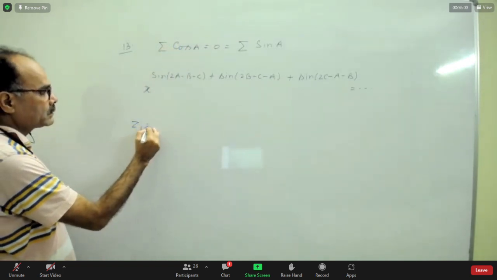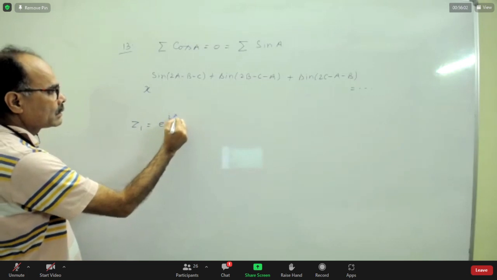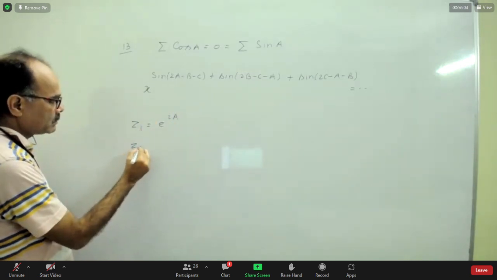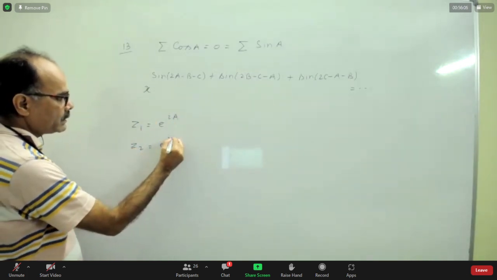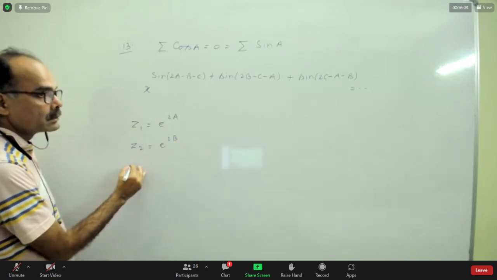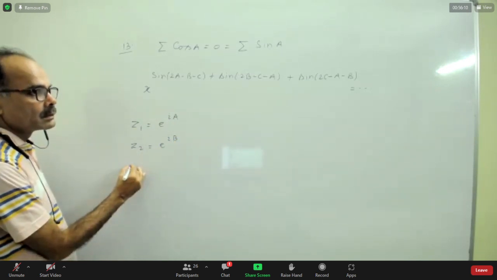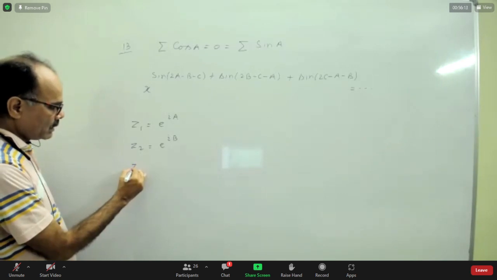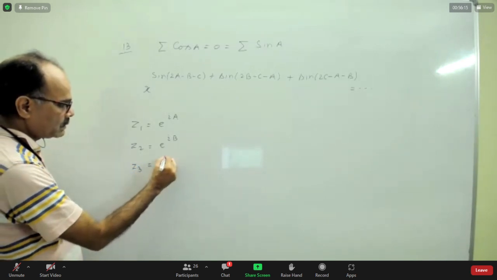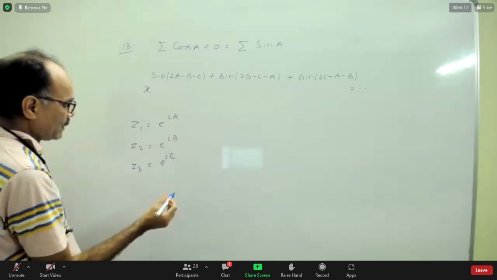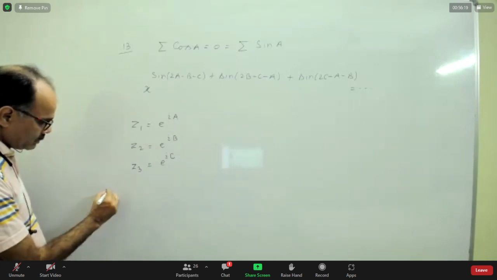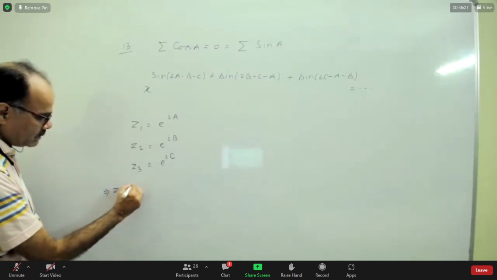Let z1 equal to e to the power iA, z2 equal to e to the power iB, z3 equal to e to the power iC. Can I say that z1 plus z2 plus z3 is how much?